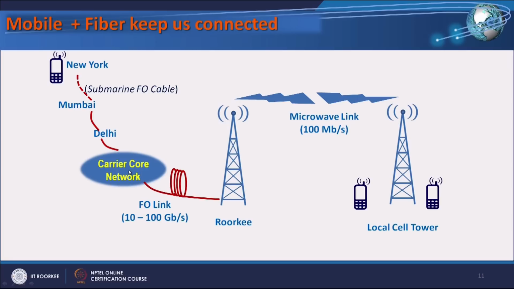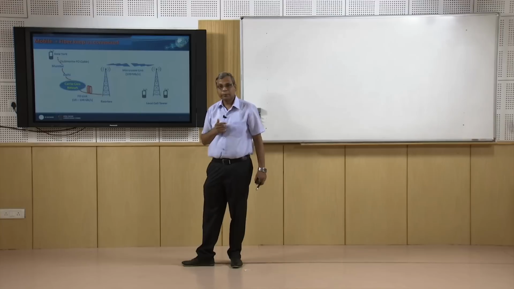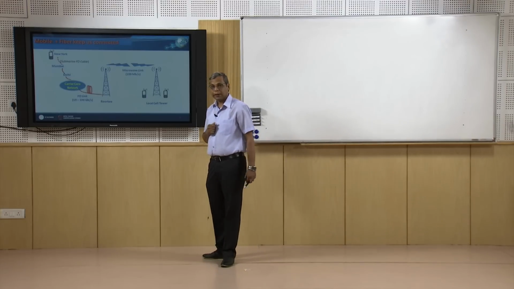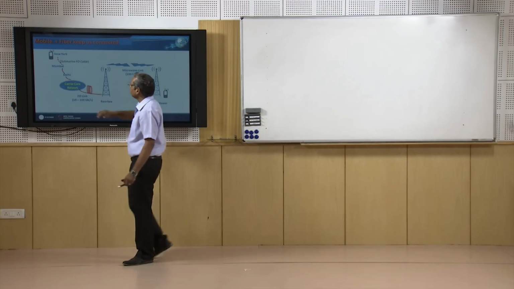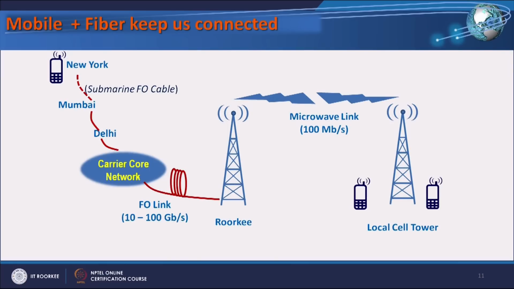This data goes into optical fiber to, for example, Delhi. This fiber is buried under the ground, and then from Delhi to Mumbai, and then from Mumbai to New York using optical fiber. You will say how? How from Mumbai to New York using optical fiber? Well, there are submarine fiber optic cables. Cables are buried on the seabed, something like this.